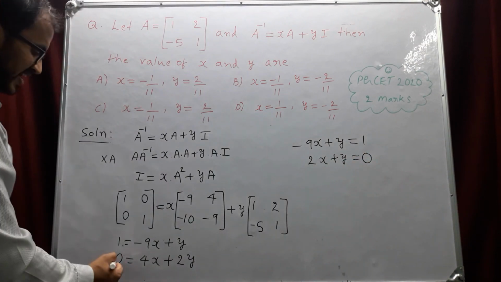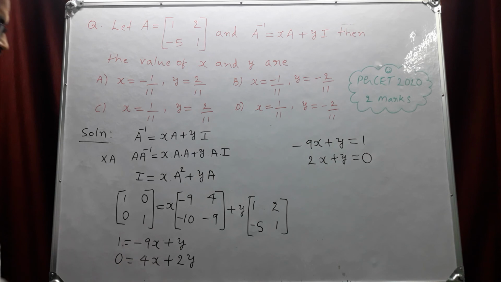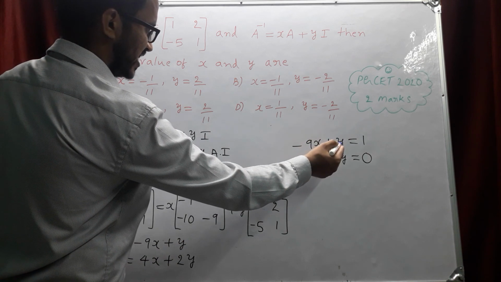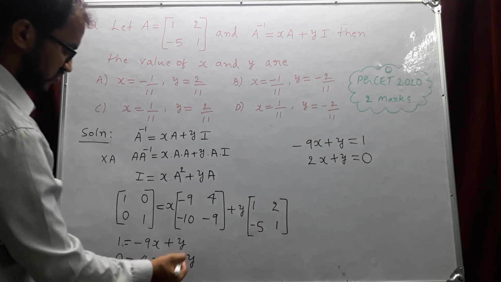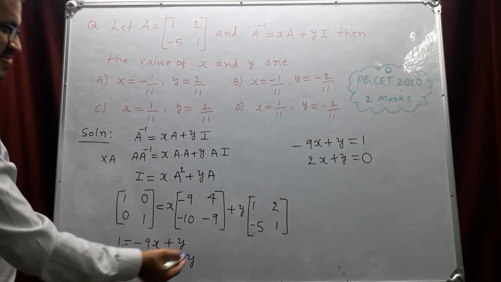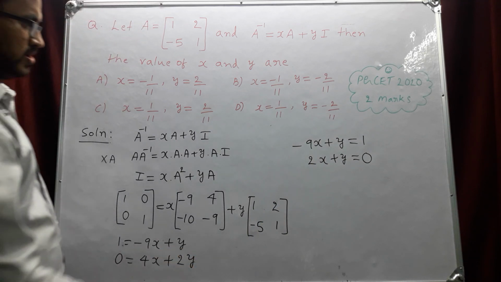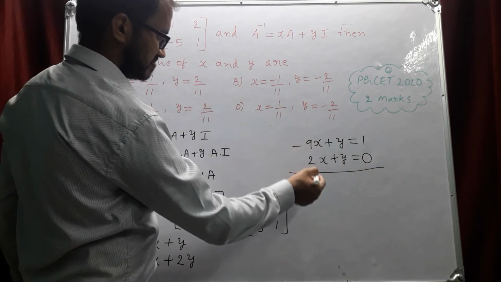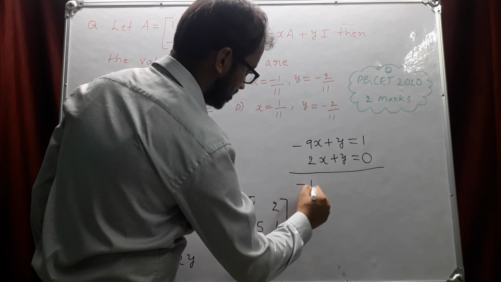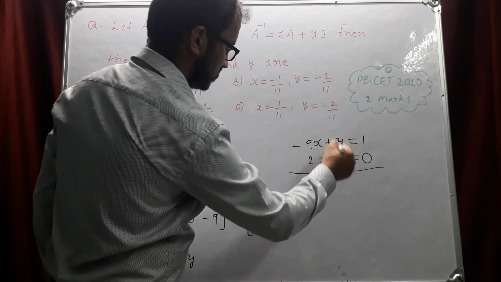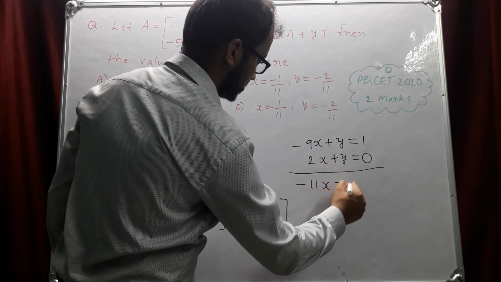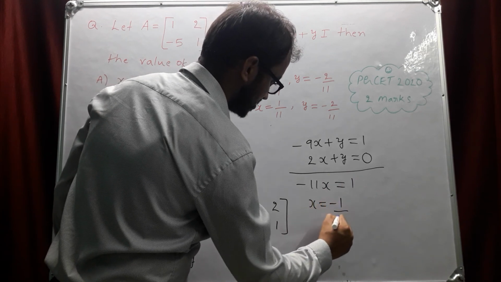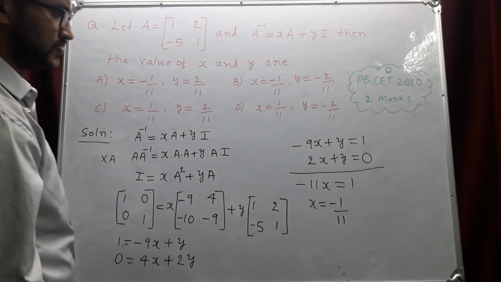So I am dividing throughout this equation by 2 because in the previous equation coefficient of y is 1. So to make coefficient of y as 1, I am dividing throughout by 2. Now if you solve these two equations, this minus this gives minus 11x, y will get cancelled, is equals to 1. Our x value becomes minus 1 by 11.